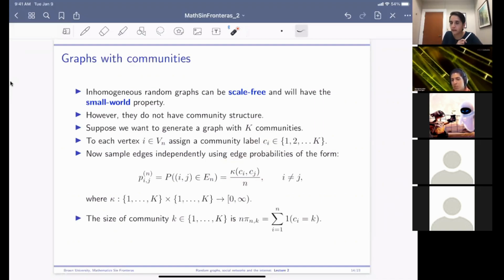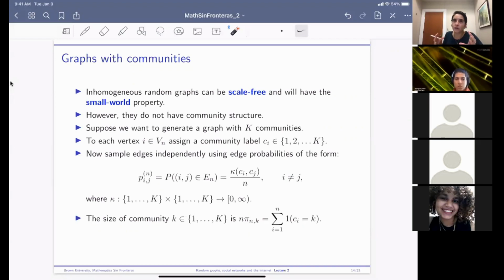The product is a special case that does not give communities in general. This allows more flexibility to incorporate big asymmetries between how likely it is to connect two vertices in the same community versus two vertices in different communities.